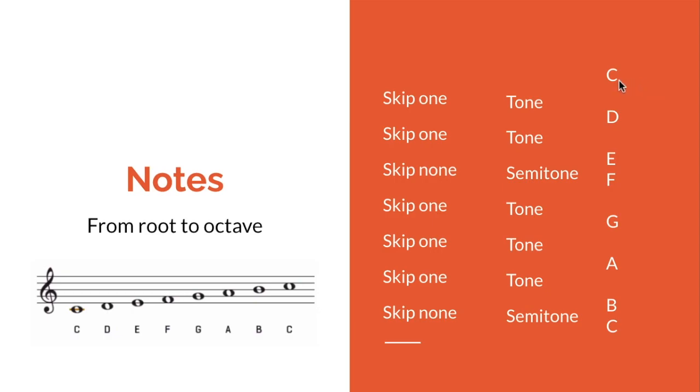So what you do is you start at your root note and you play a tone, you play another tone, then you play a semitone, then you play 3 tones, and then you play a semitone, and you'll notice that that gets you back to your root note. So once again, the major scale stepping pattern is 2 tones, then a semitone, 3 tones, then a semitone.